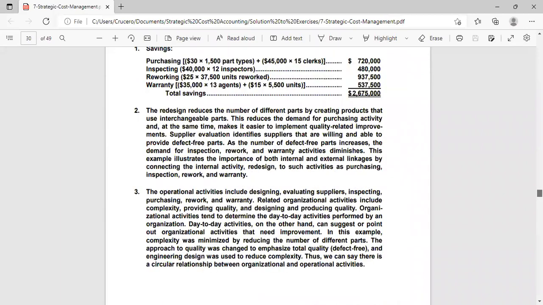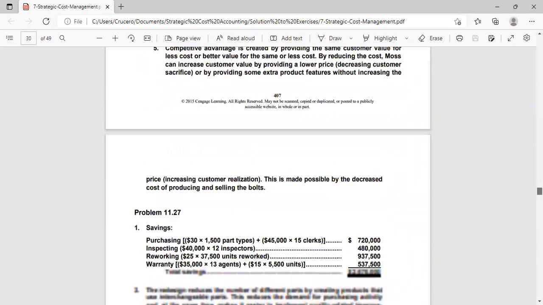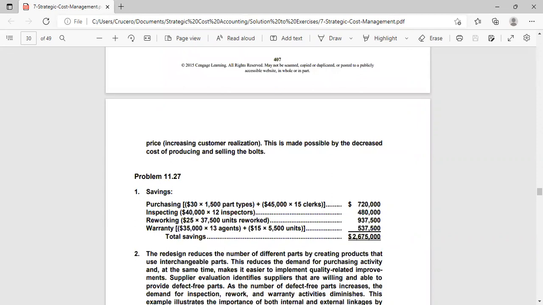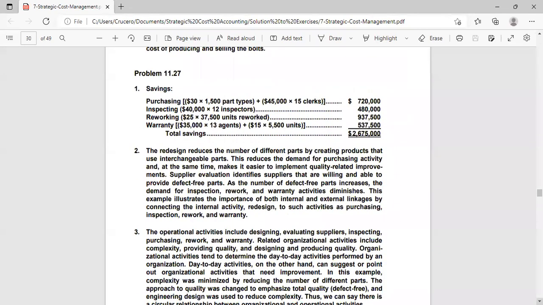We have to compute the total savings possible. So the savings, the purchasing will have savings of 1,500 part types times 30 plus 45,000 times 15 clerks.